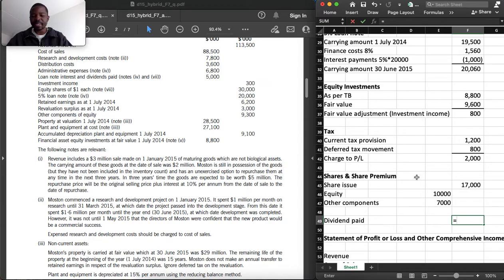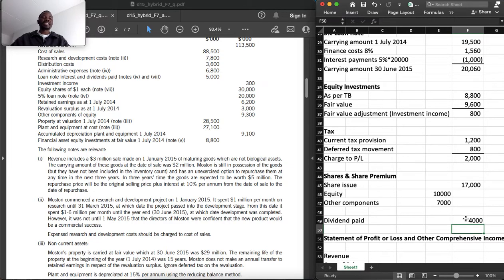So we'll simply say 0.20, that's 20% or 20 cents, multiplied by bracket, the number of shares is 30,000 now, but the shares that were issued is 10,000. So it means 20% of 20,000.